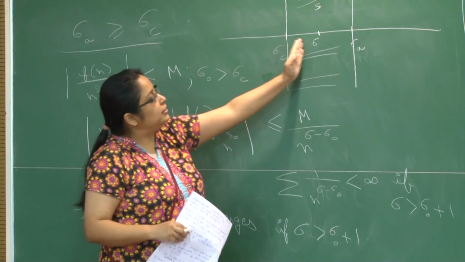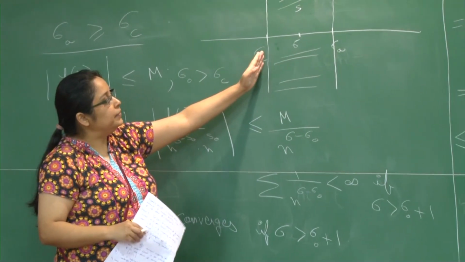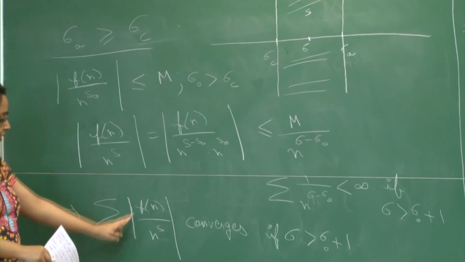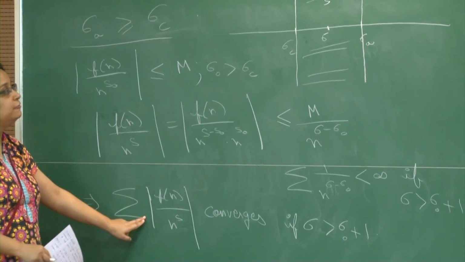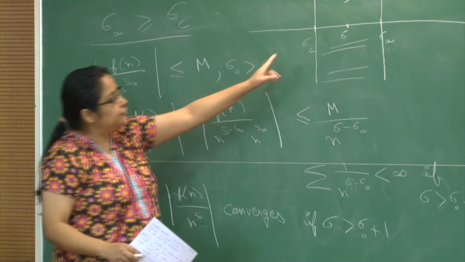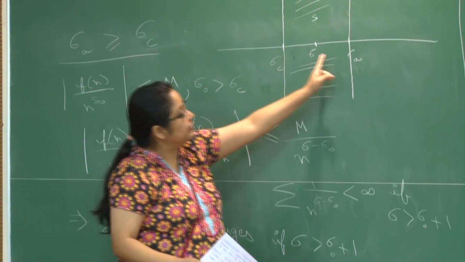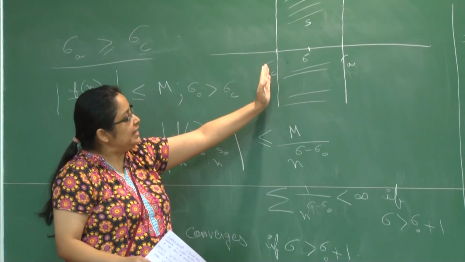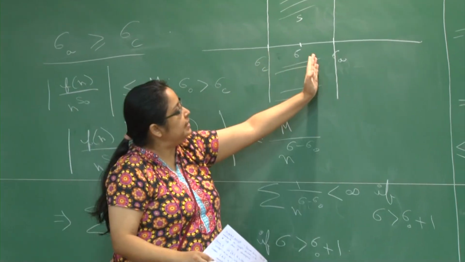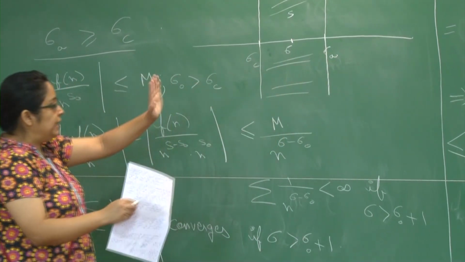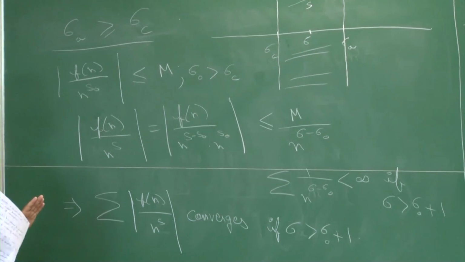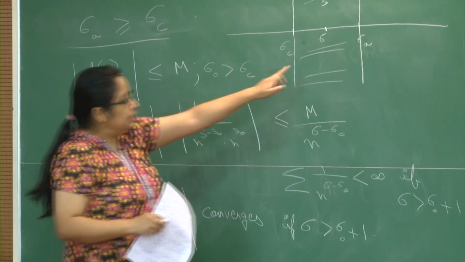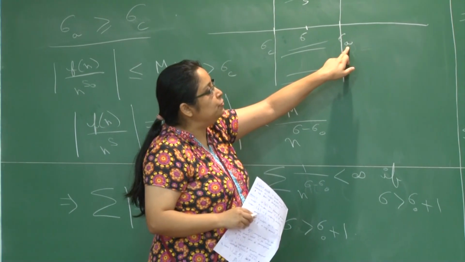So anything to the right of this converges, and therefore the corresponding sums of the absolute values must converge the moment you add 1 to sigma sub c. Therefore, anything to the right of sigma c plus 1, for that the series is absolutely convergent. But this is the abscissa of absolute convergence.